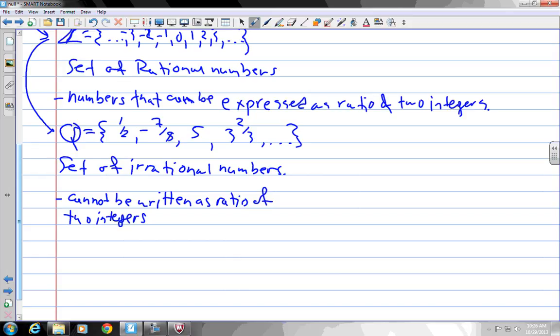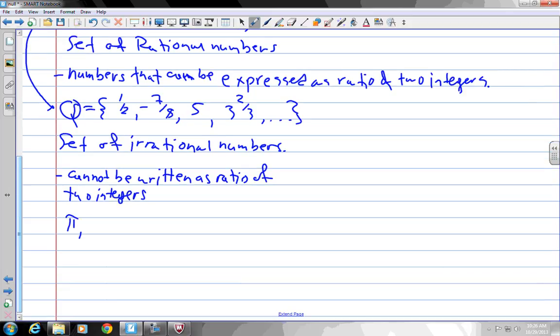We don't have a fancy symbol for those, but basically, pi is one of those. And since we're getting into square roots, numbers like square root of 2, square root of 3, those are all irrational. I can never express square root of 2 as a ratio of two integers.